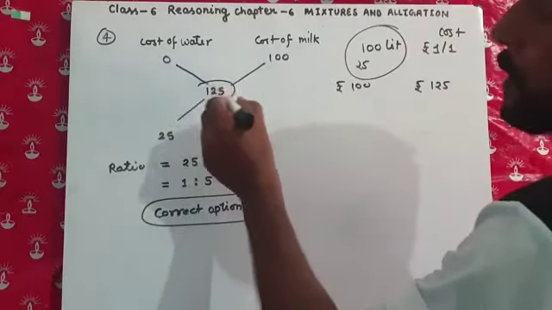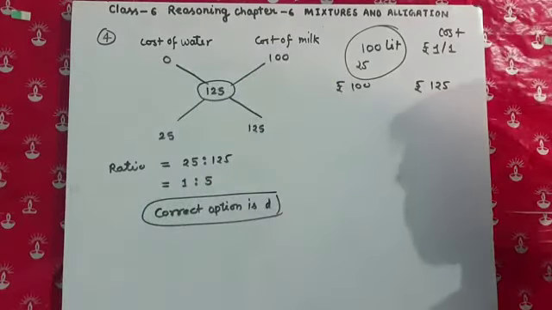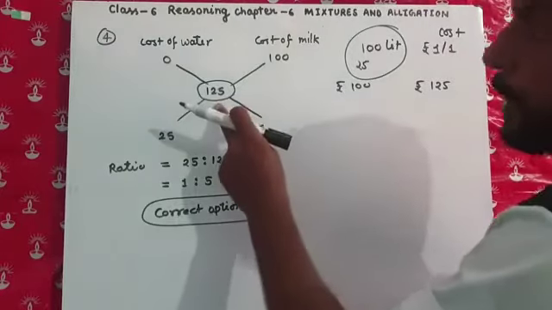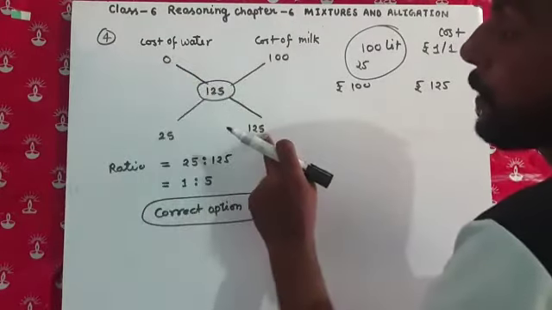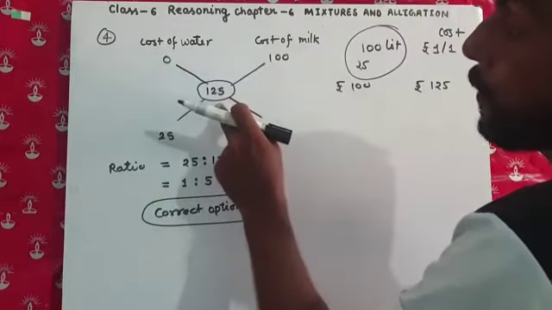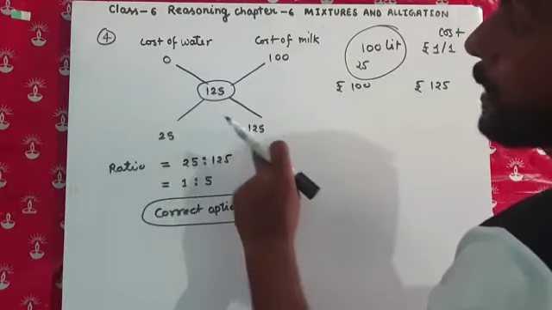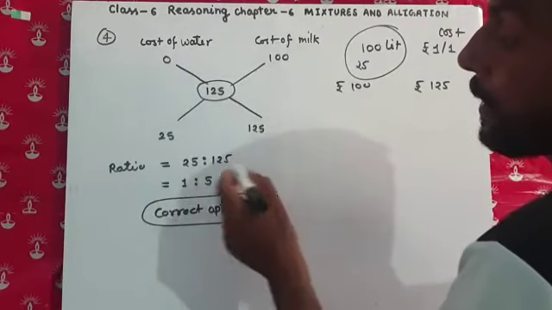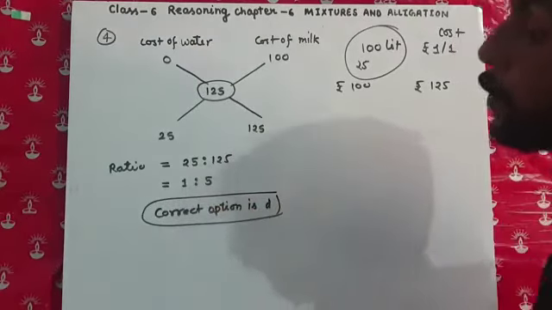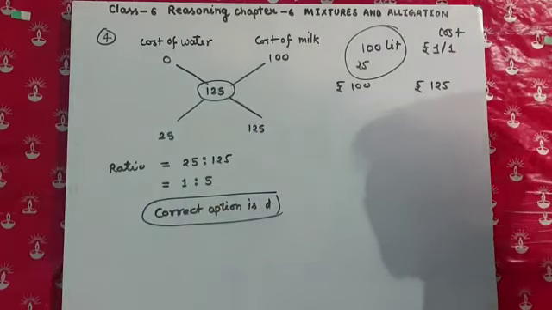Now we require 125%, so it is 125%. The difference of 0 and 125 becomes 125, the difference of 100 and 125 is 25. Now the ratio of water to milk is 25 to 125. After solving we get that the ratio becomes 1:5. So the correct option is D. Thank you and have a good day.